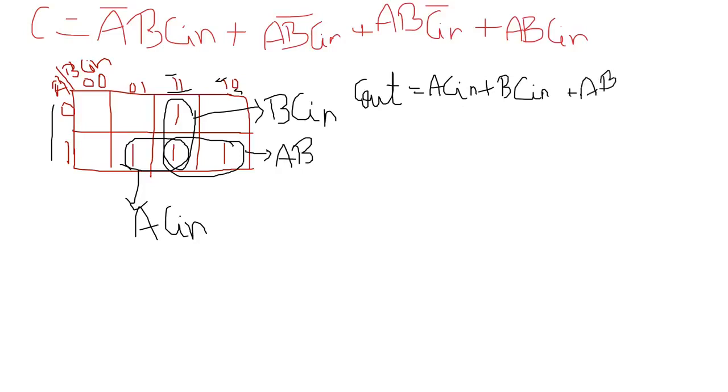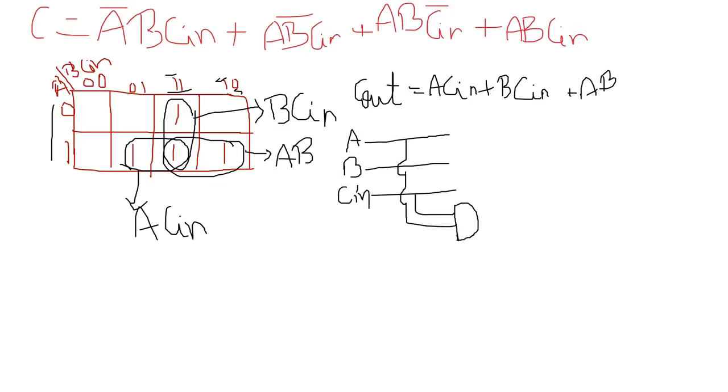Okay. So now let me write the circuit for carry out. This is A, this is B, and this is C in. So A, C in AND gate.